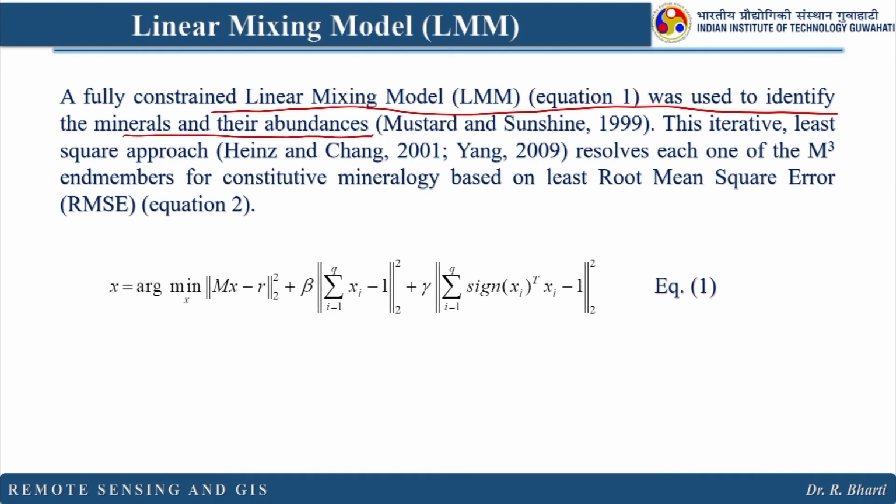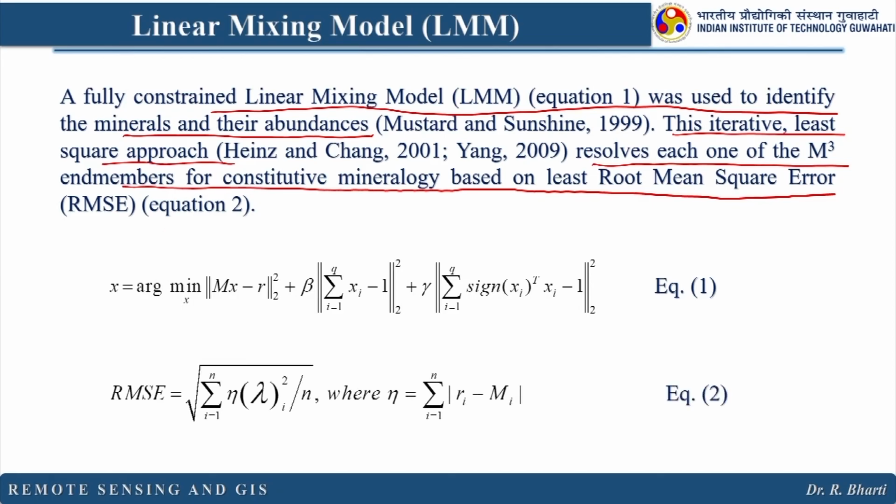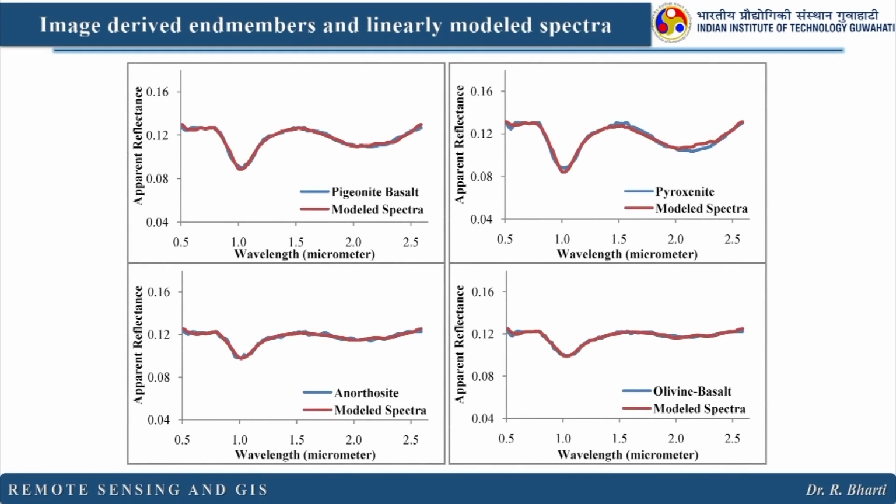So, here is equation 1. This iterative least square approach resolves each of the M cube end members for constitutive mineralogy based on least root mean square error, that is equation 2, the RMSE, right. Now you can see how best a fit we got after this linear mixing model.